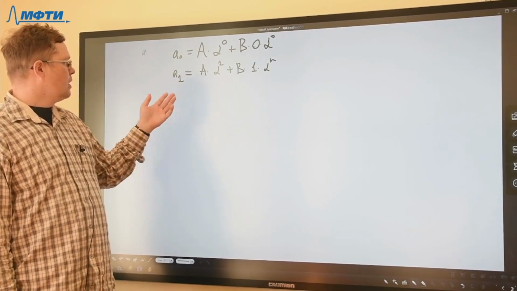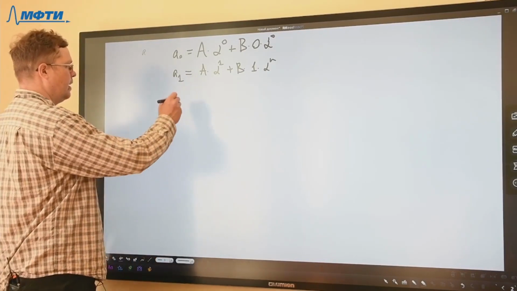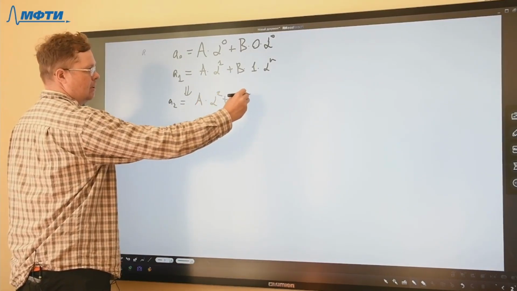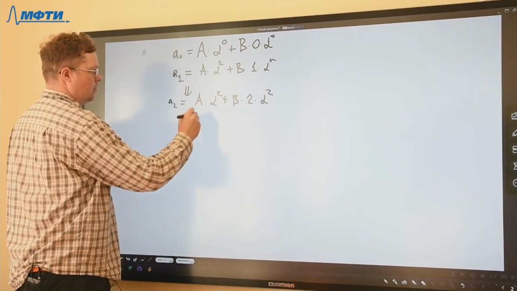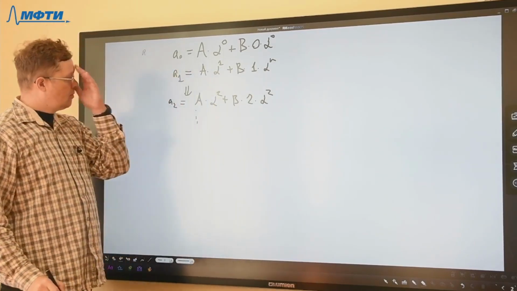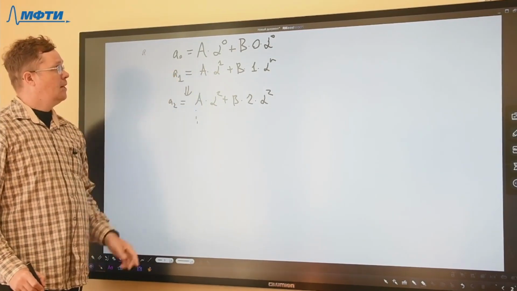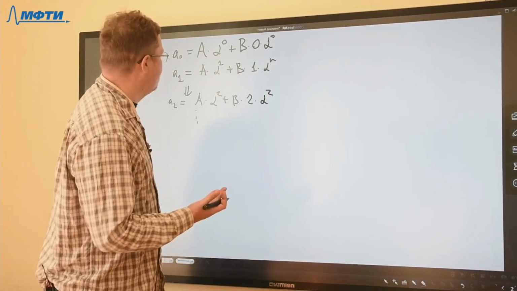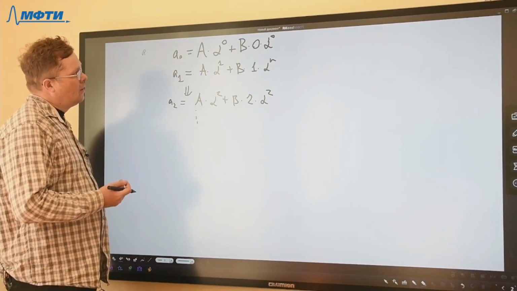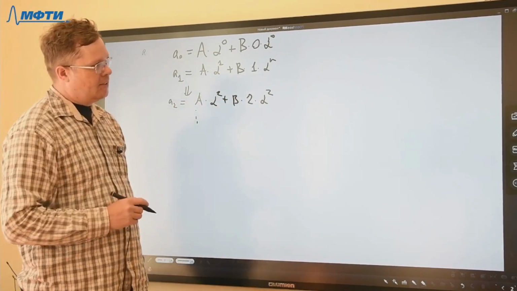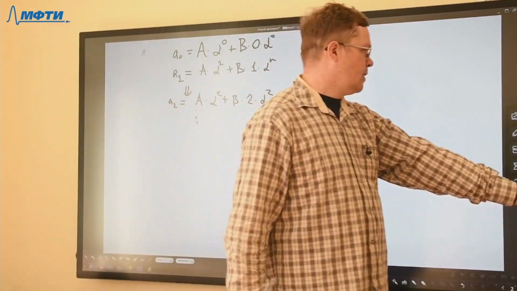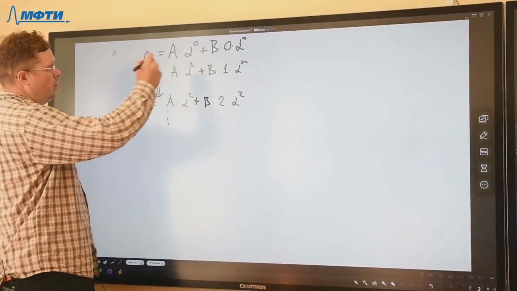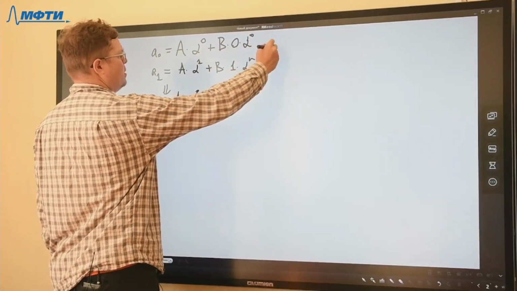And if this is true, then by the recurrence relation I will get a2, and so on. So I just want to prove that there exist a and b. If you believe that the two sequences are linearly independent, and it is true, but I can check it by calculation. So from this I get that a0 is equal to a.